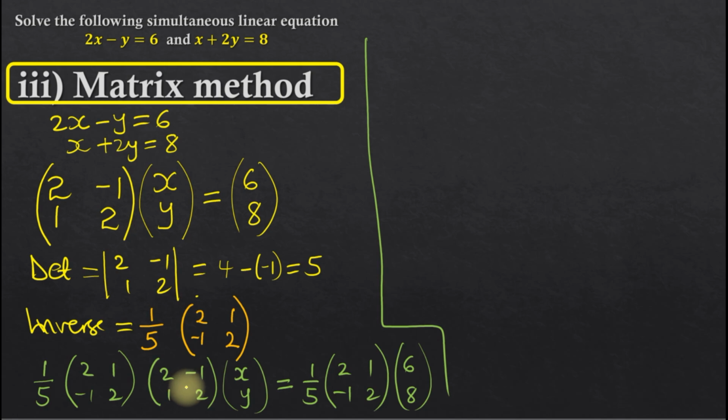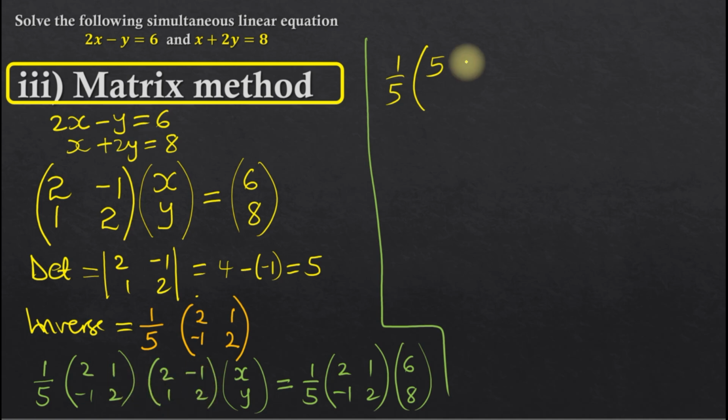Therefore, to get the first element of the first row, first column, it is first row times first column. So that will be 2 times 2 plus 1 times 1. So I have 1 over 5, then that will be 5. And the other one, I take first row times second column, that is 2 times minus 1, minus 2, plus 1 times 2.